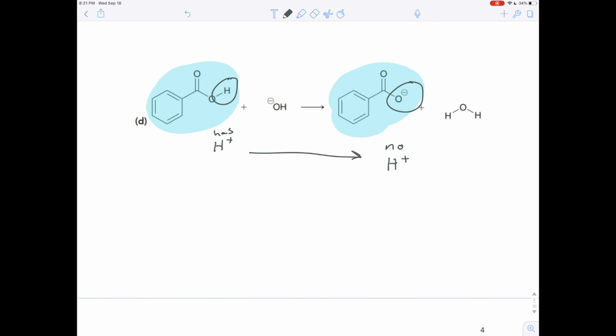So as you go from left to right, you have a hydrogen, you don't have a hydrogen. That means that you gave it away. So this molecule donated a hydrogen, which is just another way of saying a proton, an H+. So because that molecule donated an H+, it is an acid. That's the Bronsted-Lowry definition of an acid.